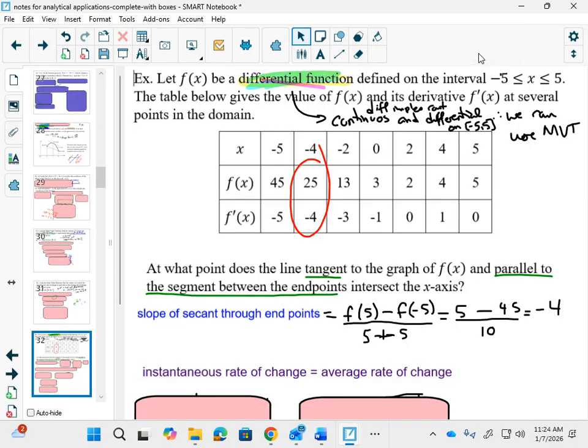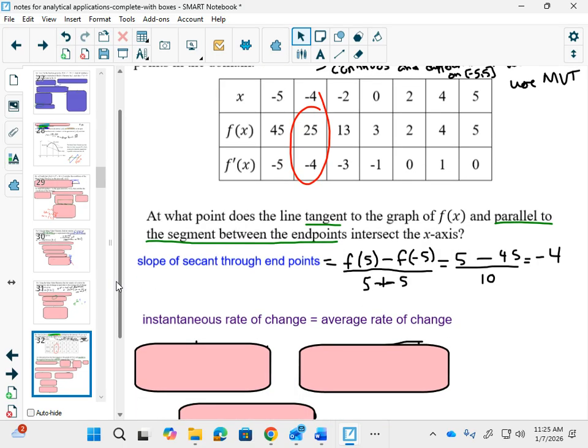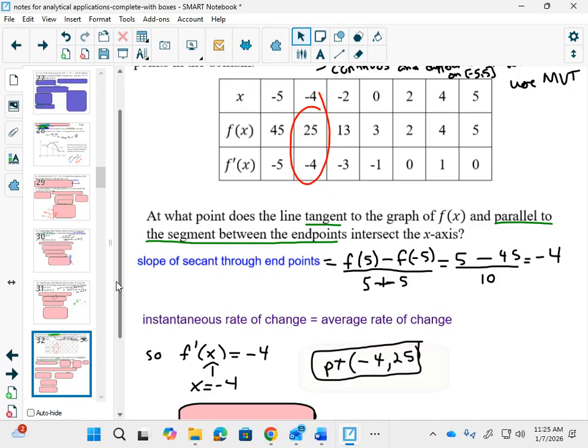Right there. We need that instantaneous rate of change to be the same, and it happens at x equals -4. So we know the point is at -4, 25.